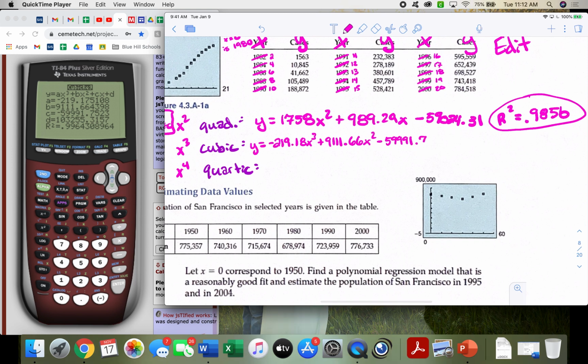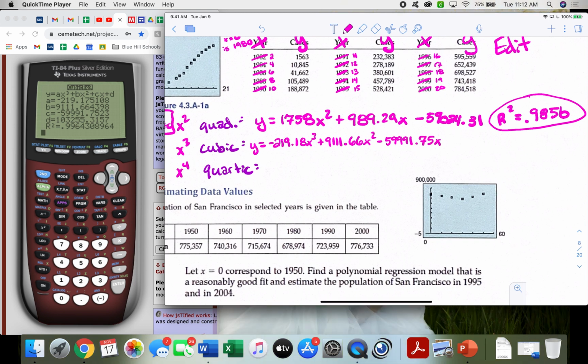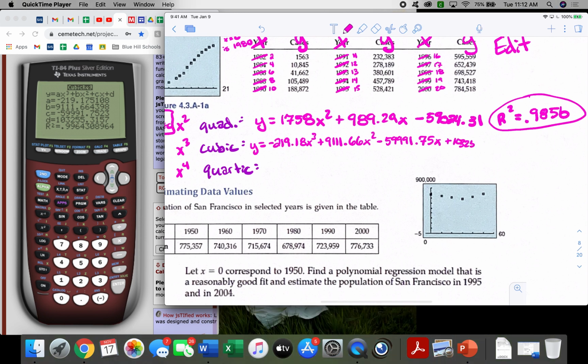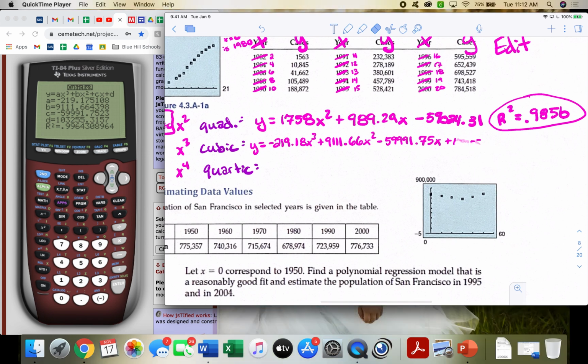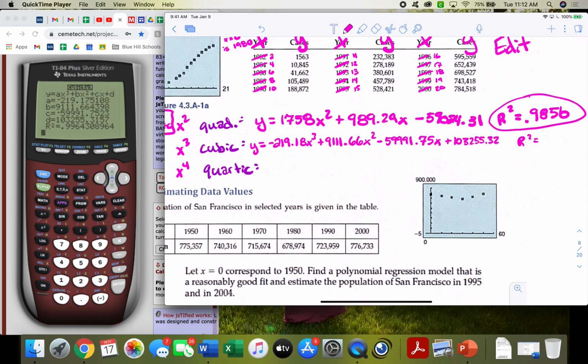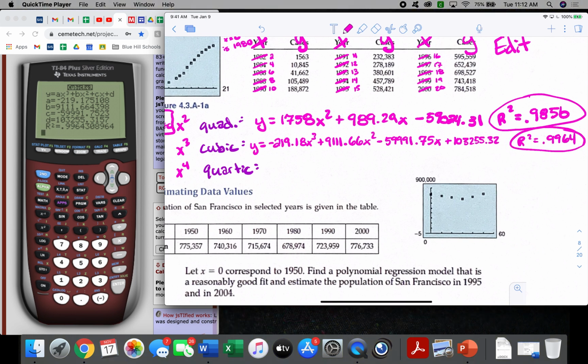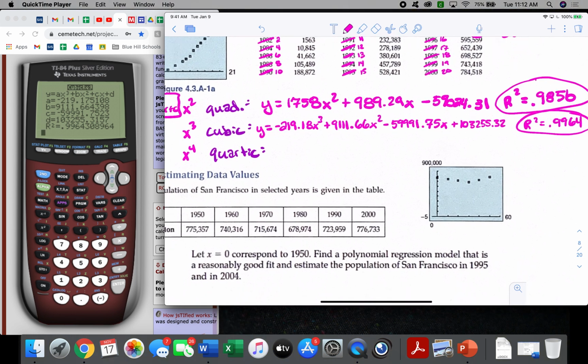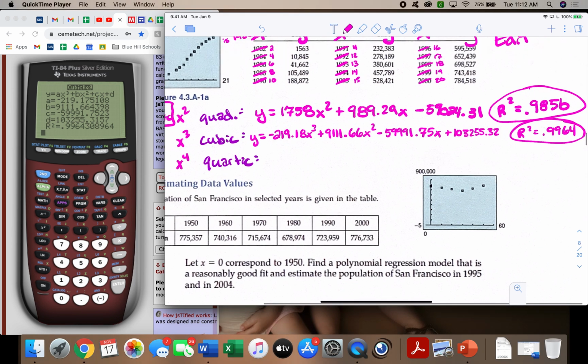And then I have one last one plus d, which is 103255.32. And r squared is 0.9964. I'll show you here in a second how to get your r squared on there.